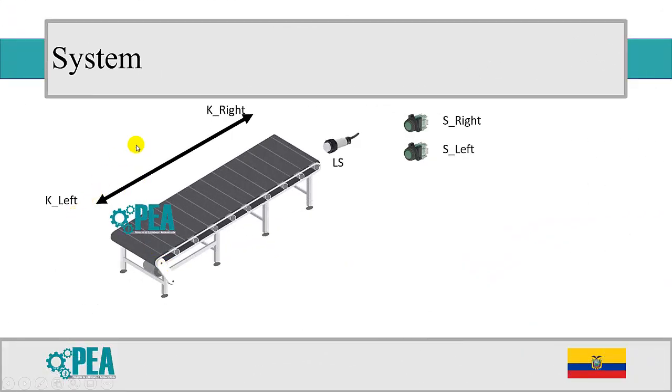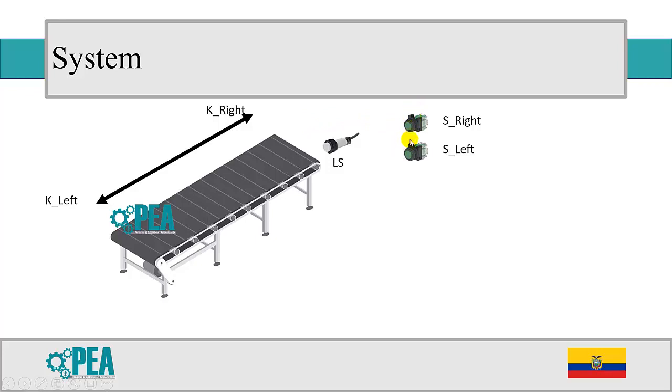To explain the FC, or functions, in TIA Portal, I will use this system as an example. The system consists of a conveyor that moves an object, in this case my logo, to the right or to the left. The conveyor has at the end of the right side a limit switch that will detect the object when it arrives here. Also, we have two push buttons that will give signals to the PLC.